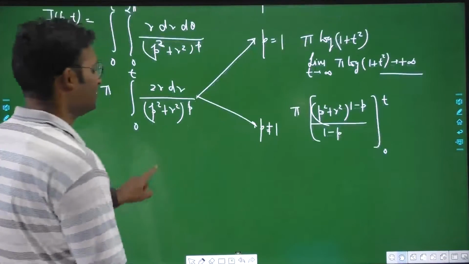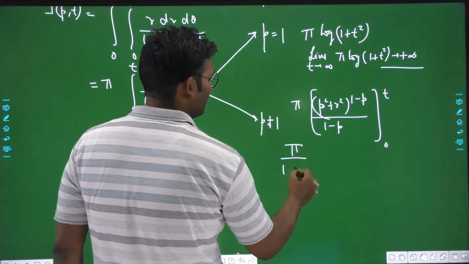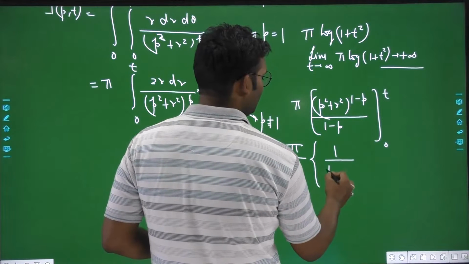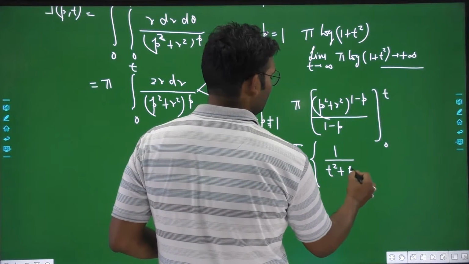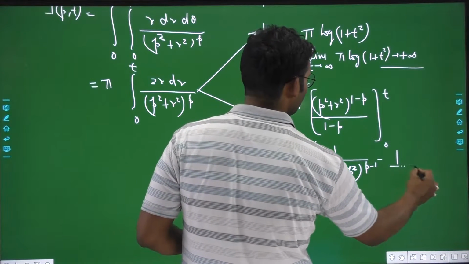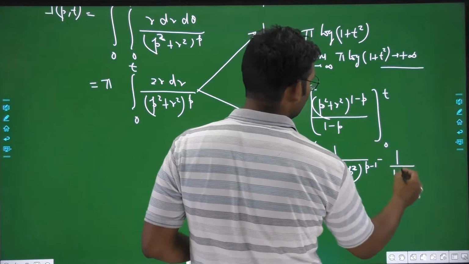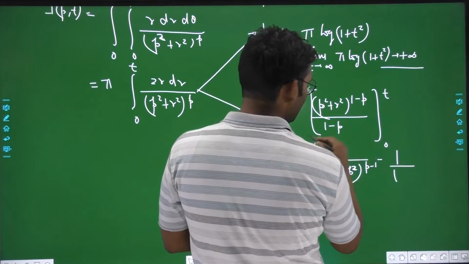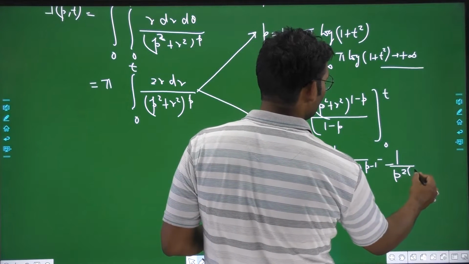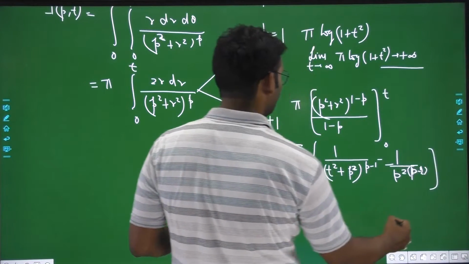So this will be equal to pi upon (1 minus p) times [1 upon (t squared plus p squared) raised to power (p minus 1), minus 1 upon p raised to power 2(p minus 1)]. So this is what you are going to get.